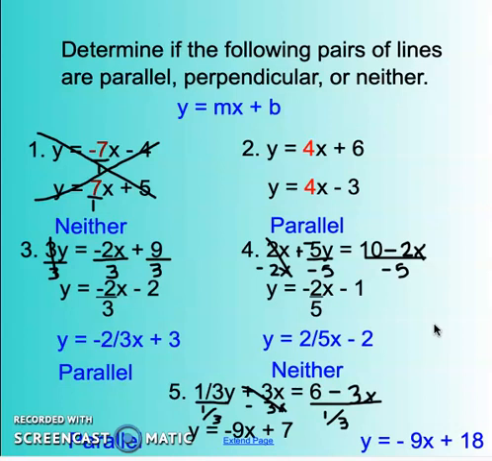So we really didn't have any perpendicular lines on this one, which is fine. And actually on your assignment, you could have no perpendicular lines or no parallel lines. It just depends on how it works out. Remember though, parallel lines, we're looking for same identical slopes.